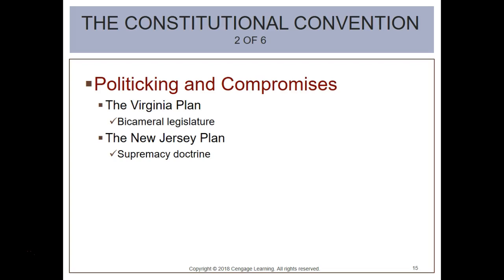And we'll talk about some more of those landmark Supreme Court decisions later on in federal law and things of that nature. Roger Sherman out of Connecticut proposed a great compromise.